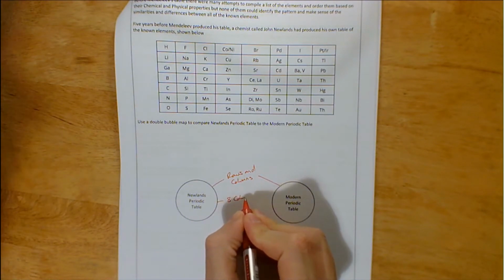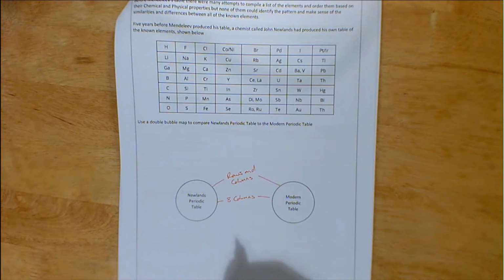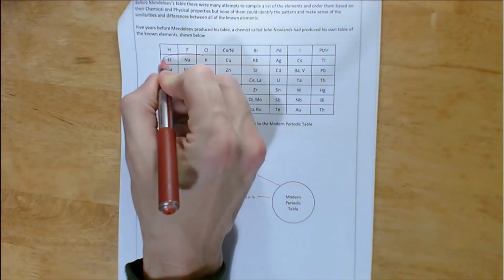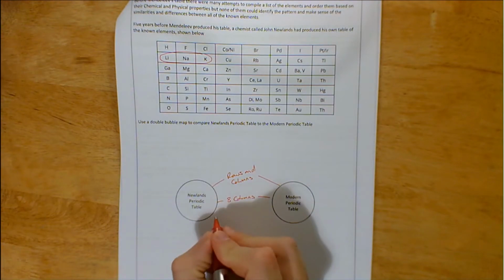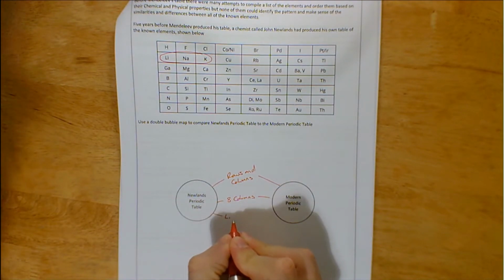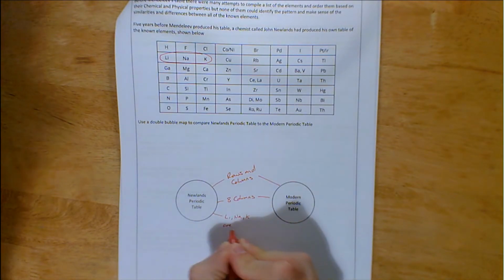And we know that there are 8 groups in the modern periodic table. Also, if you look at some of the elements, you'll start to recognize some of the pairings. Lithium, sodium, potassium. Well, those three are found together in the modern periodic table. So they are found together.